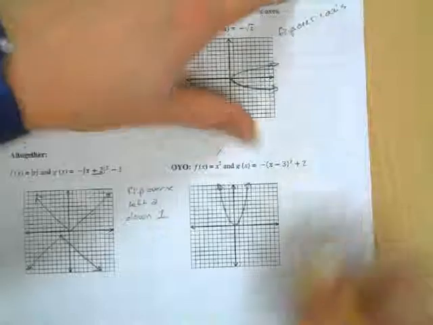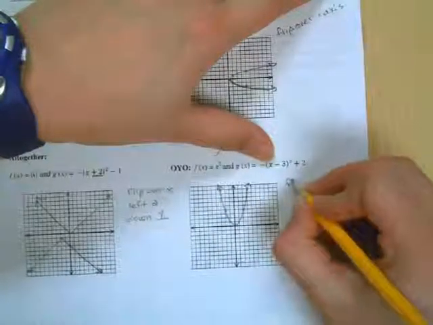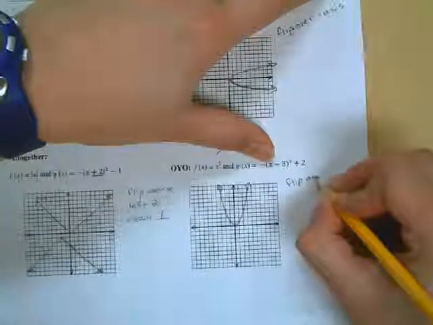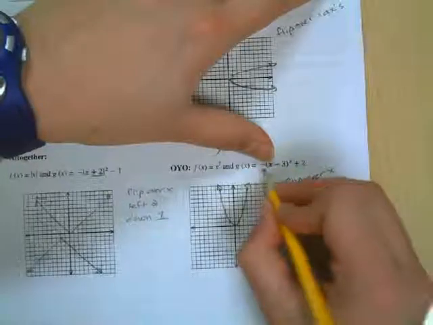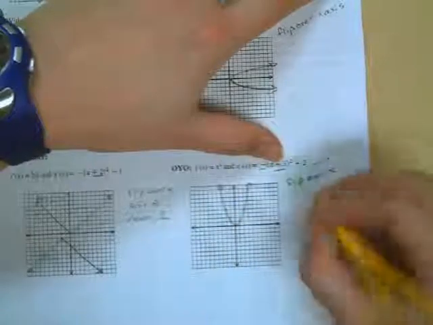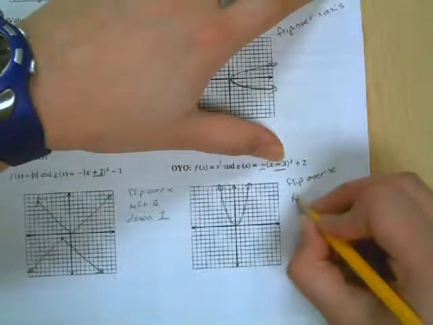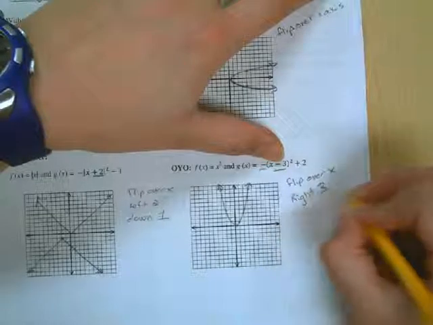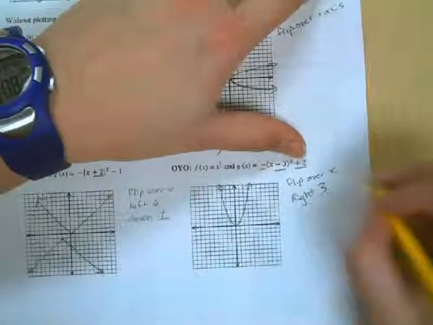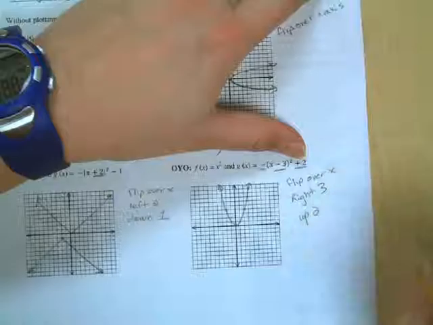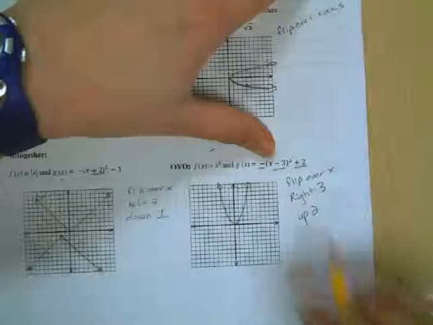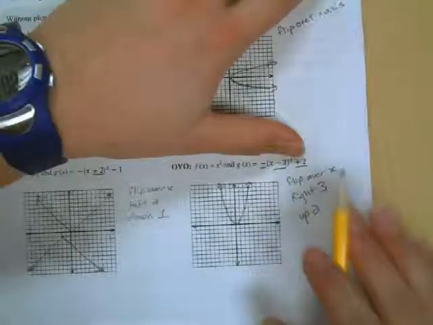Okay, so we are going to go flip. Okay, that's this part. And then inside we go right 3. And then outside here we go up 2. Flip over the x-axis, go right 3, and then go up 2.